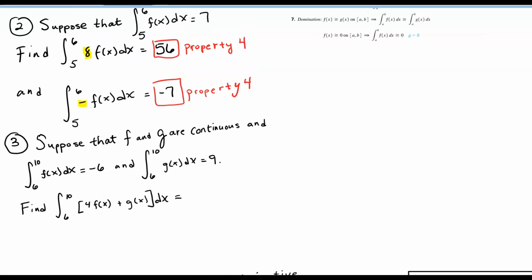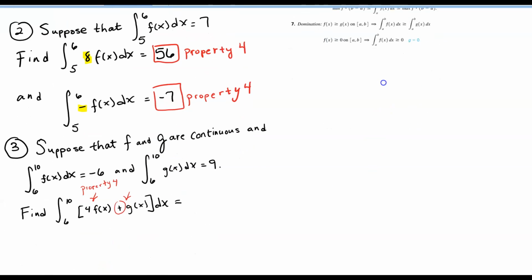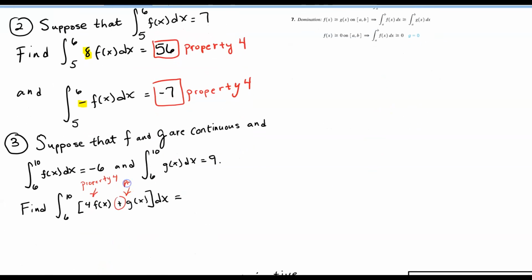So I'm going to make my note here that this one right here is property number 4. And then I see that they're being added. So this one right here is property number 5, which is the sum and difference property. So I'm just going to make those little notes here so that you can see what properties we're using. But otherwise, we are good to go.